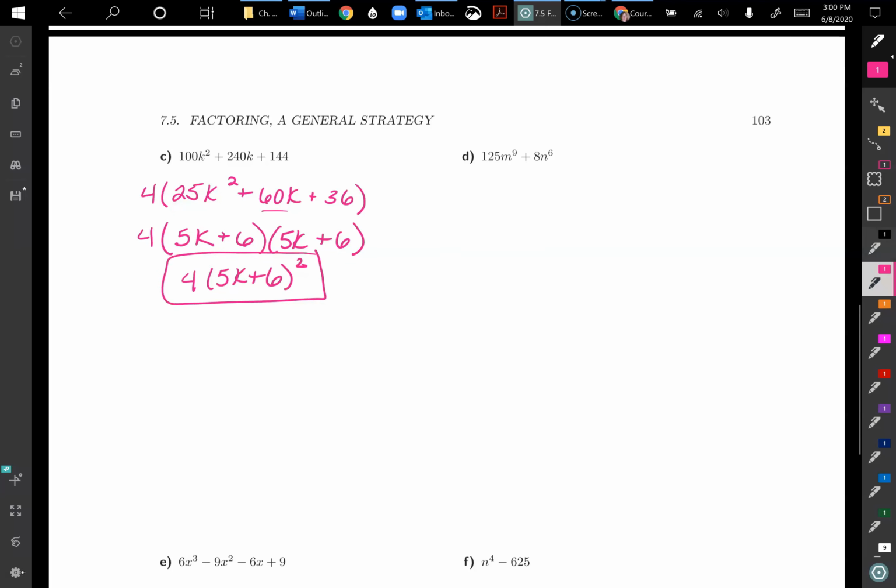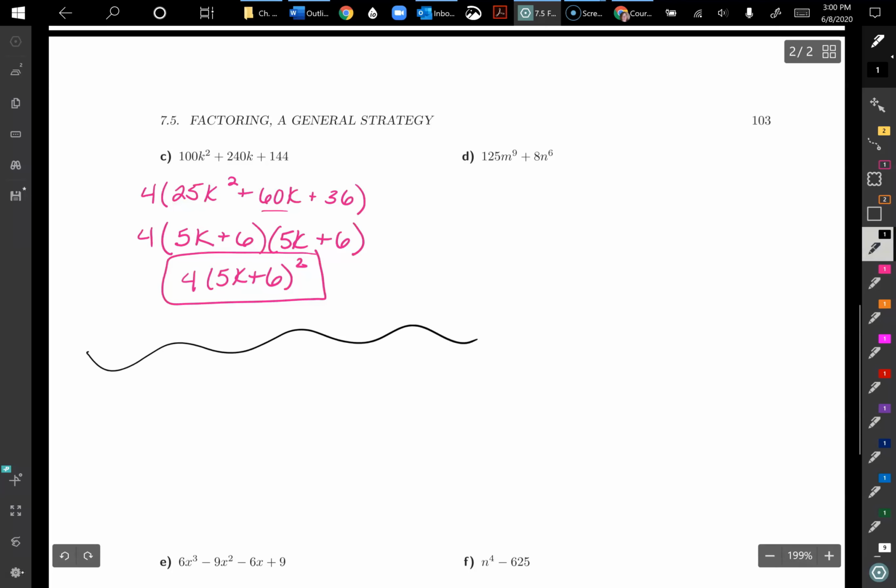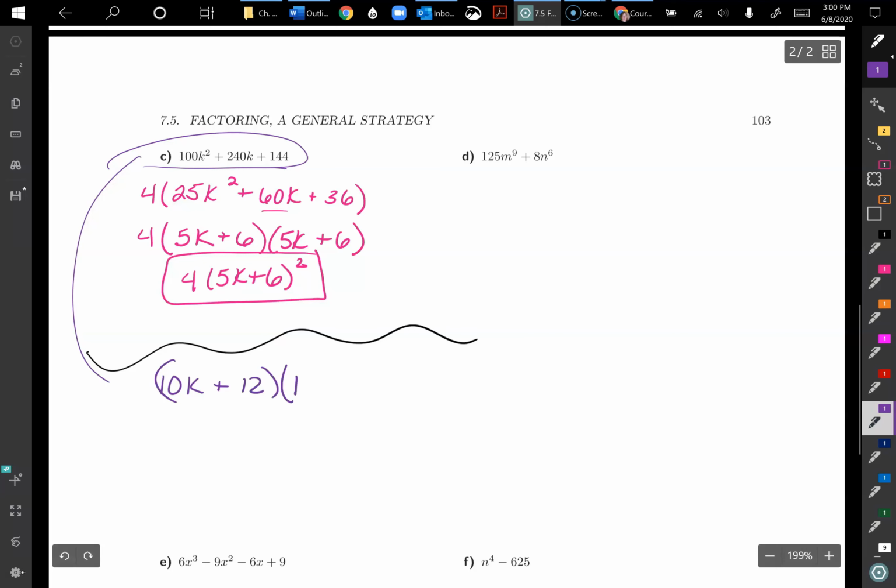However, what if I didn't catch all that? An alternative method is that you could see from here that the square root of the first term would be 10k plus, and the square root of the last term would be 12, times 10k plus 12.